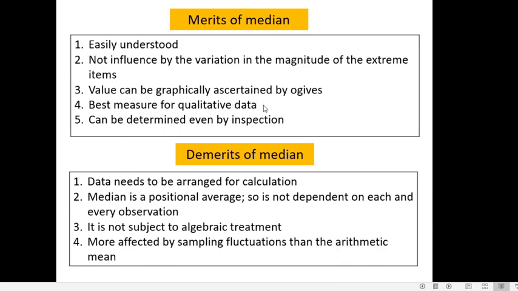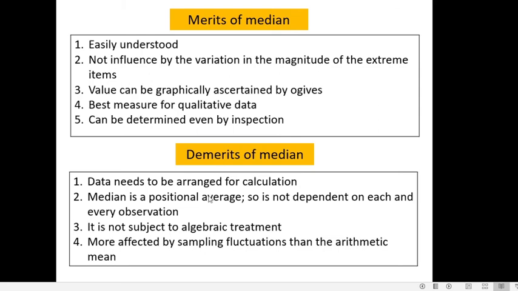That means you can rate certain aspects like beauty as 1, 2, 3, 4, 5, like excellent, very good, good, bad, very bad. So it is the best measure for qualitative data, and it can be determined even by inspection. Mean cannot be used for measuring qualitative data; for that we can make use of median.